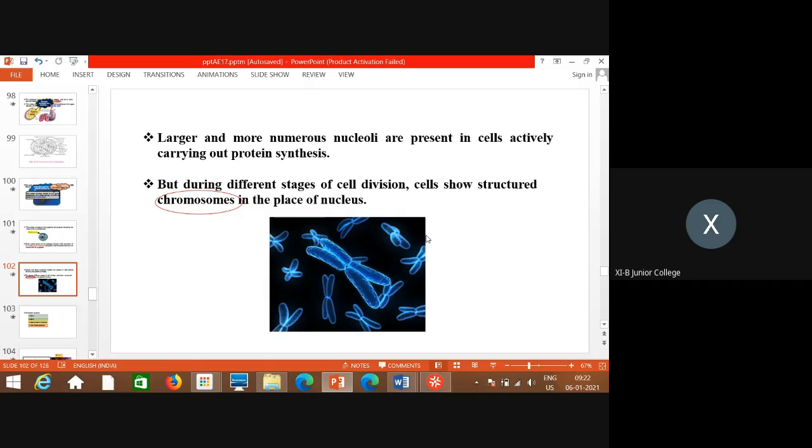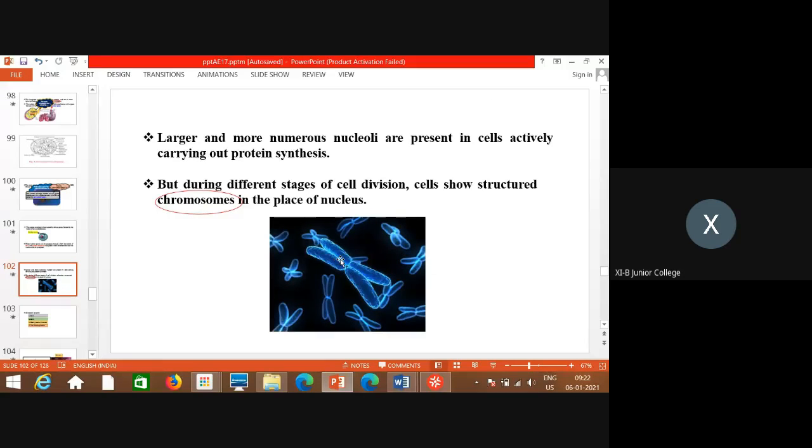But during different stages of cell division, cells show structured chromosomes in the place of the nucleus. Now, what is that? That point we will discuss in some other chapter. We will be having that part also next to this. When you see this, this is the chromosome, and this structure varies during cell division.